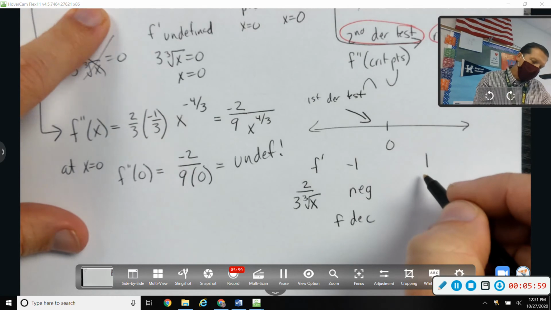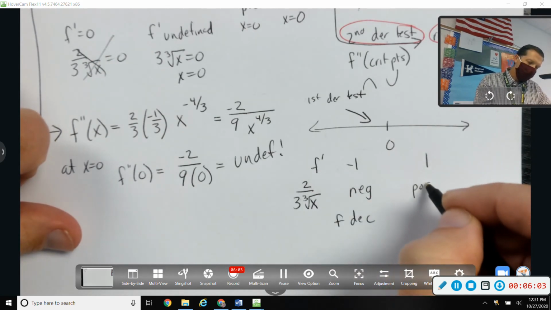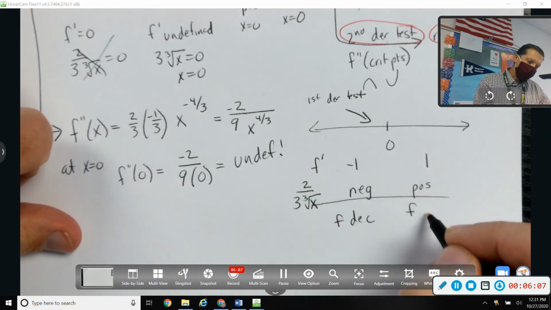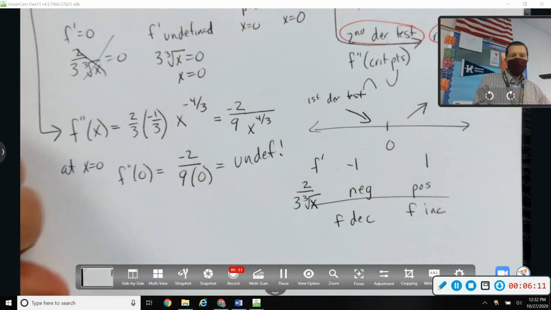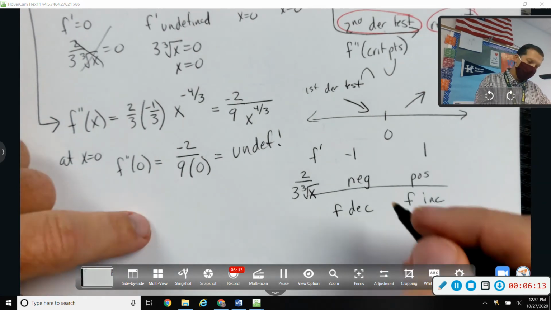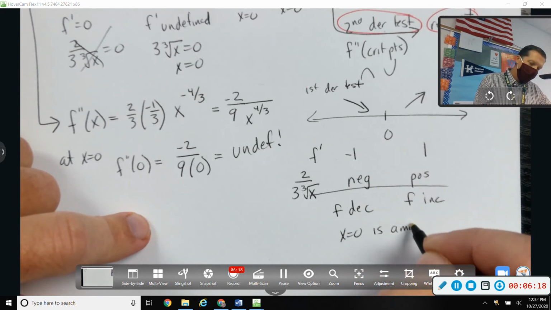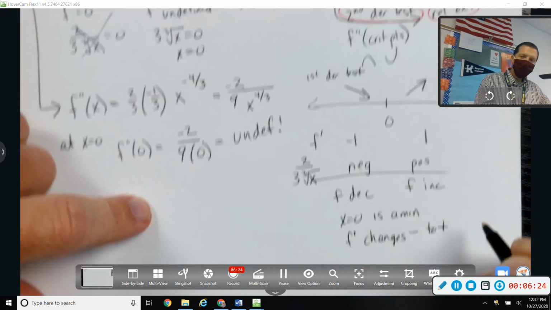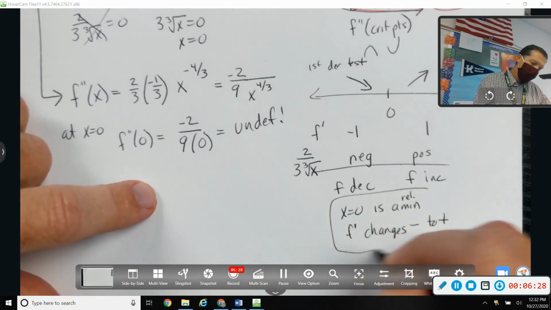If I plug in 1, I get 2/3, which is positive. F prime is positive, that means f is increasing. And so by the first derivative test, I know that x equals 0 is a minimum, because f prime changes negative to positive. Relative minimum.